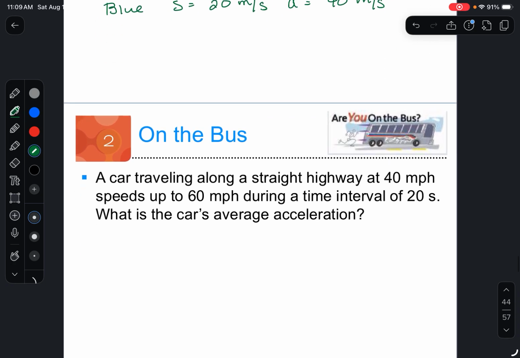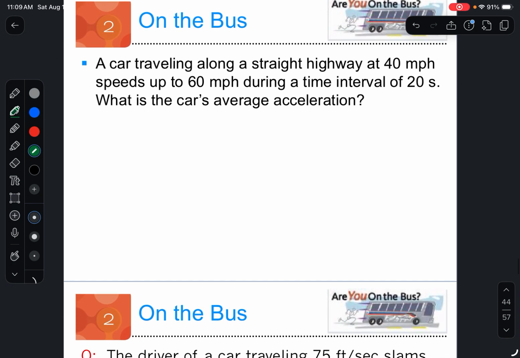Okay, now in this one, we're going to do a little math. A car is traveling along a straight highway at 40 miles per hour, and it speeds up to 60 miles per hour during a time interval of 20 seconds. What's the average acceleration?